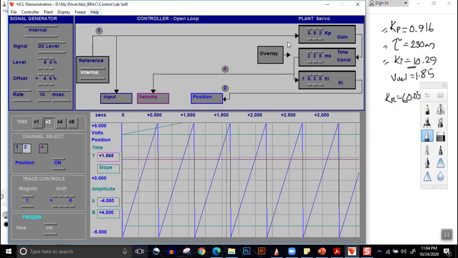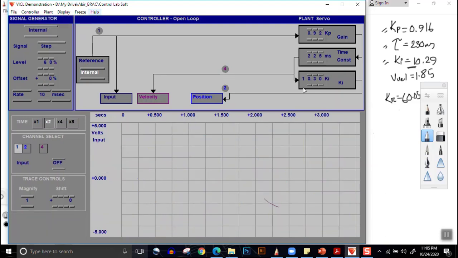So if we look at here, we turn out the position. Suppose we go back to step here and decrease this. So Kp for this case would be 0.41, something like this.